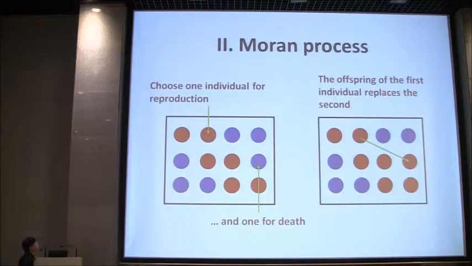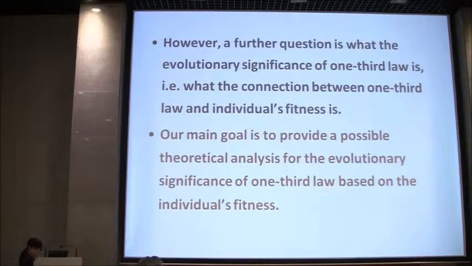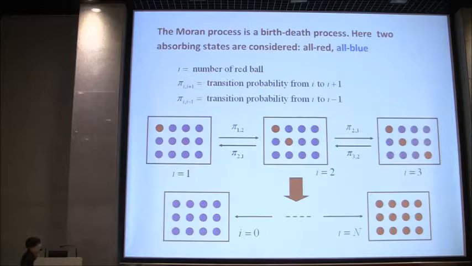Second part, modeling process. In every step, choose 1 individual for reproduction and 1 for death. The offspring of the first individual replace the second one. And the modeling process is a birth and death process.